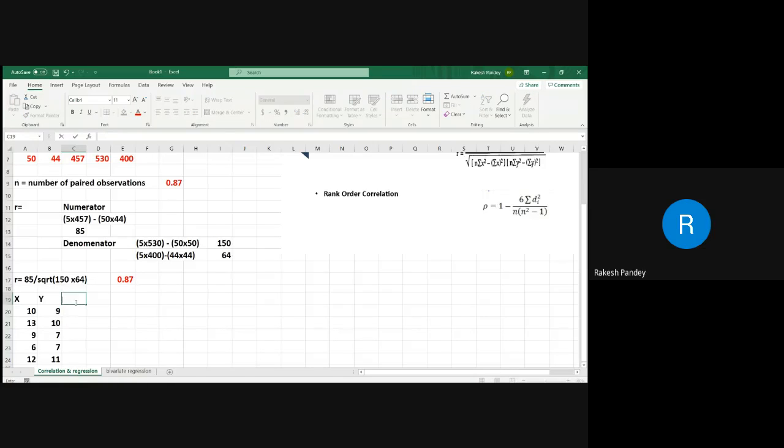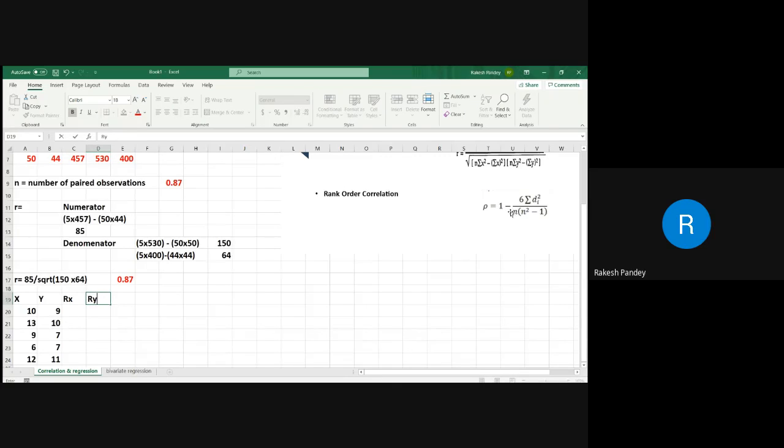Let us increase the font size and boldness of some area so that you can have some idea. So product moment is required for the rank score. So if we have rank scores of y and x, then we can use this.